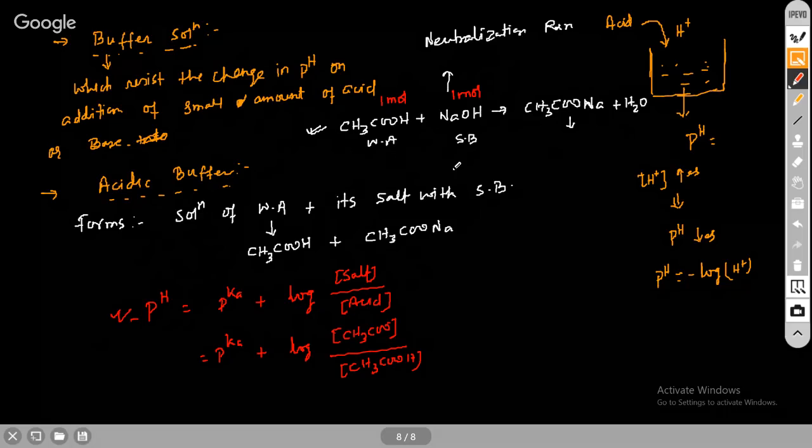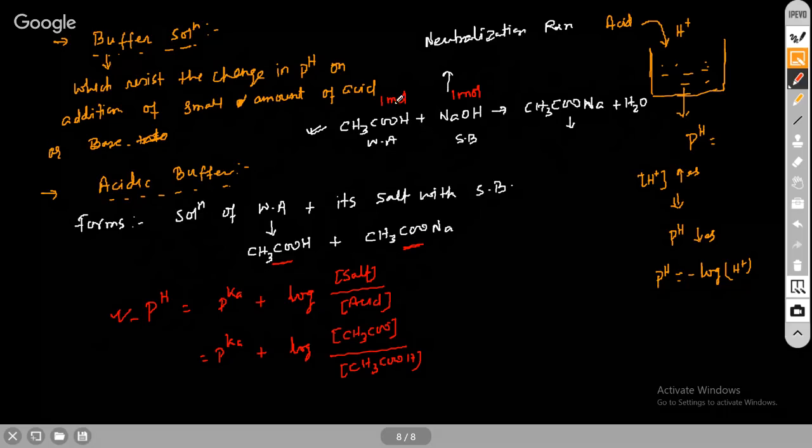Then in the solution, we have what? We have CH3COONa present. We have H2O, but we don't have this CH3COOH. And for an acidic buffer, we require CH3COOH and CH3COONa both.